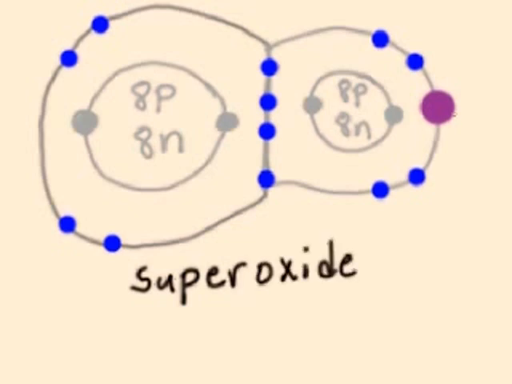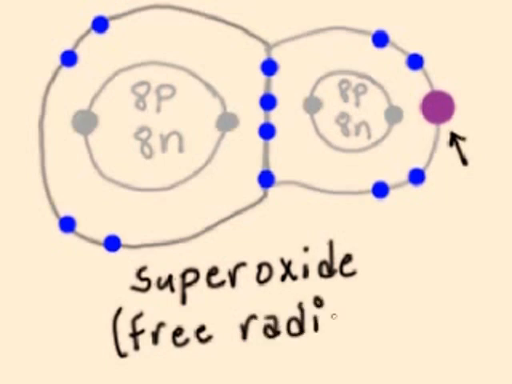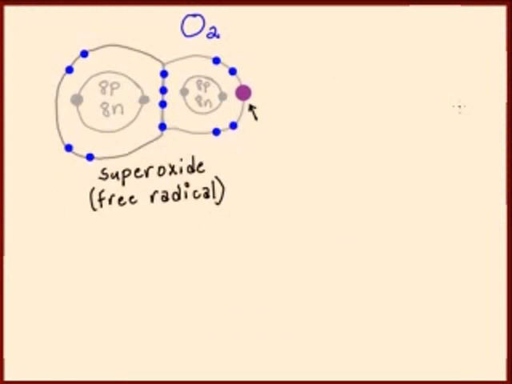And because it has an odd number of electrons, that extra electron, we call such a molecule or such a substance a free radical. And that makes it very reactive. That odd numbered electron makes it very reactive. Okay, and so now it is no longer just O2.